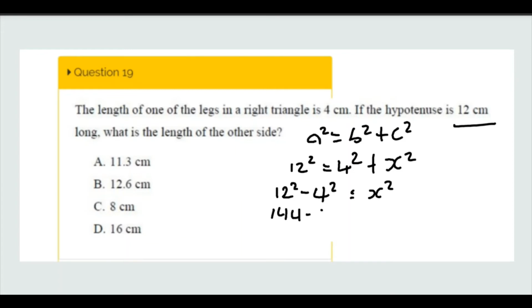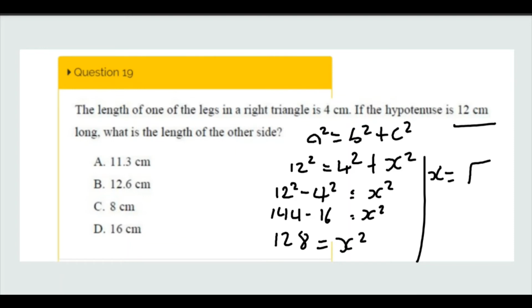So 12 times 12, 144, subtract 4 times 4, which is 16, is equal to x squared. So 144 subtract 16 will give you a value of 128 is equal to x squared. So x will have a value of the square root of 128.